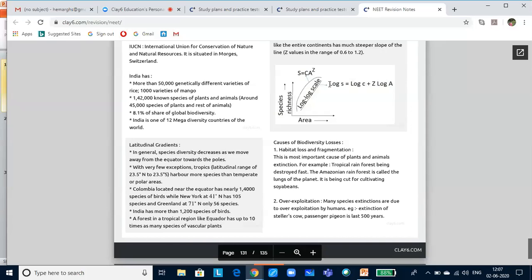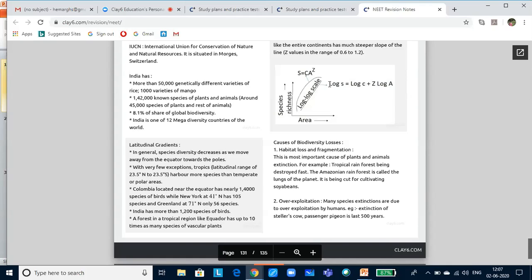Colombia, which is located near the equator, has nearly 1,400 species of birds, whereas New York at 41 degree north has 105 species, and Greenland at 71 degree north has only 56 species. So this example clearly illustrates that as we move away from the equator towards the poles, the species diversity starts decreasing.